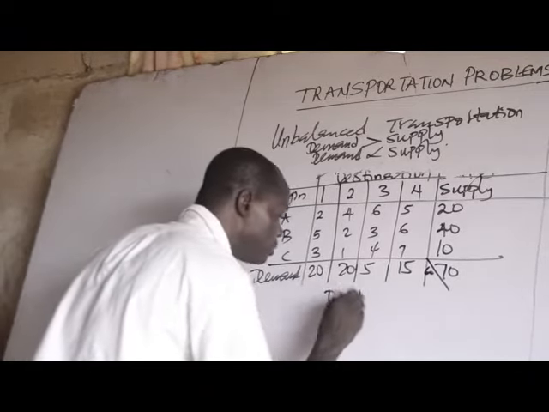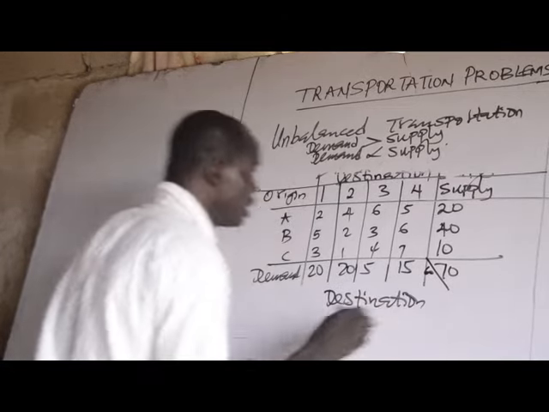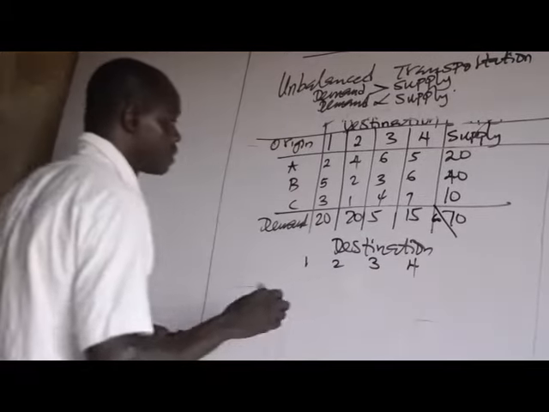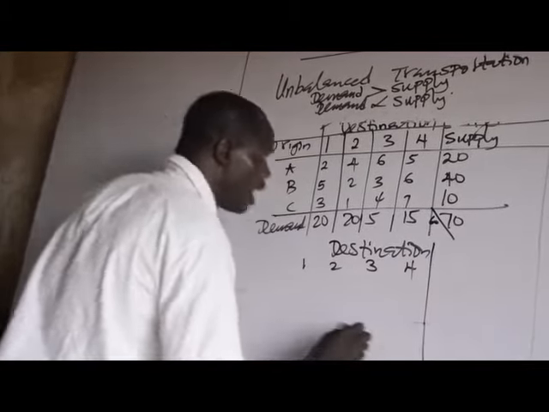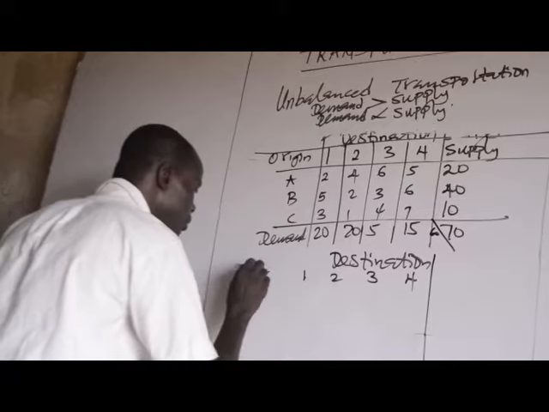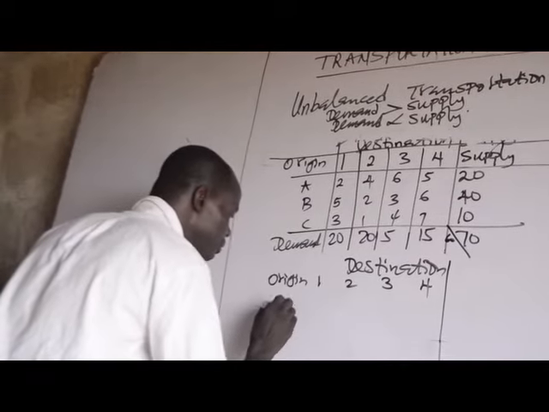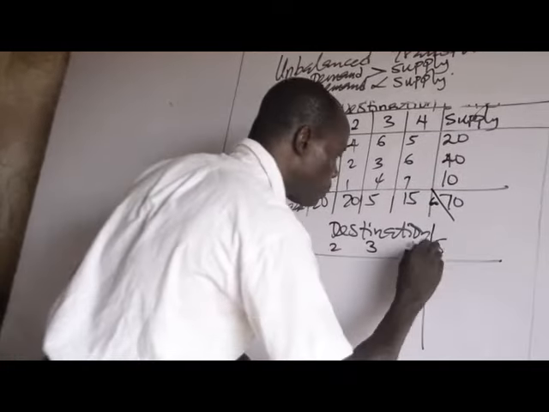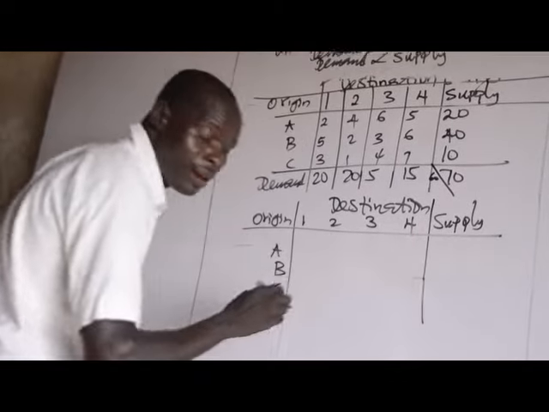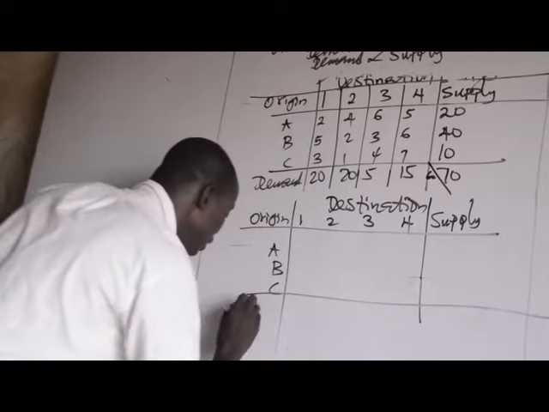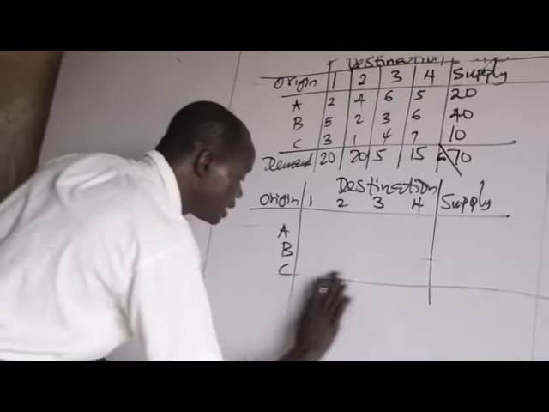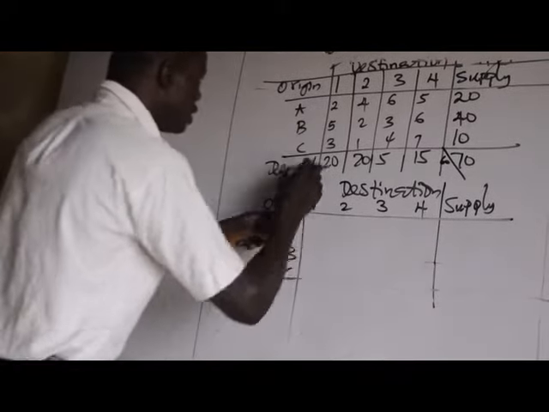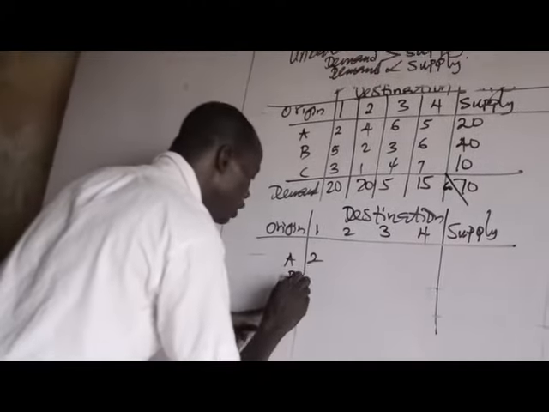So you have destinations 1, 2, 3, and 4. Then you have origins A, B, and C. We have supply, and we also have demand. Here you have 2, 5, 3.